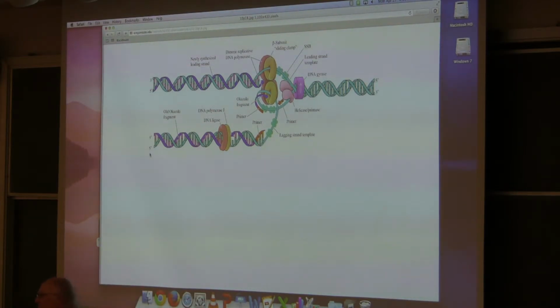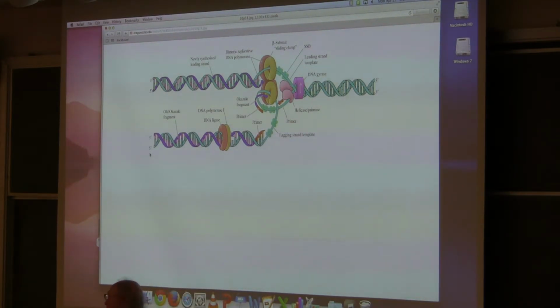If you put a DNA polymerase by itself at a replication fork, it will replicate for a little bit, and then it will fall off. When that happens, replication doesn't proceed very far.